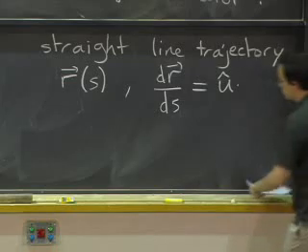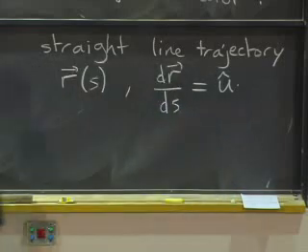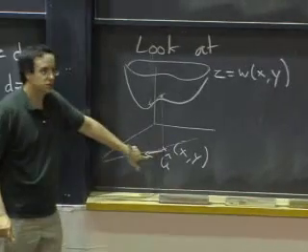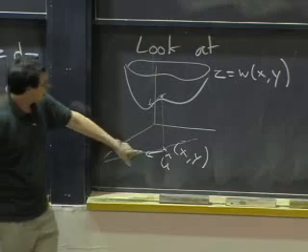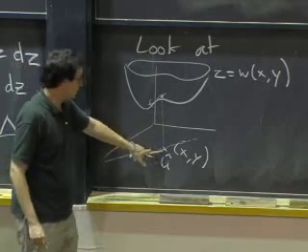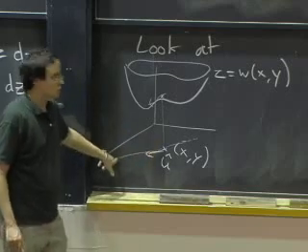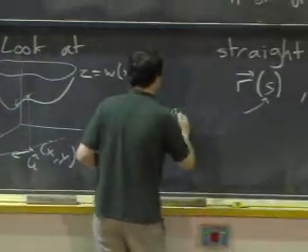So why do I use s for my parameter rather than t? Well, it's a convention. I'm moving at unit speed along this line. So that means that actually I'm parameterizing things by the distance that I've traveled along the curve, along this line. So here it's called s in the sense of arc length.